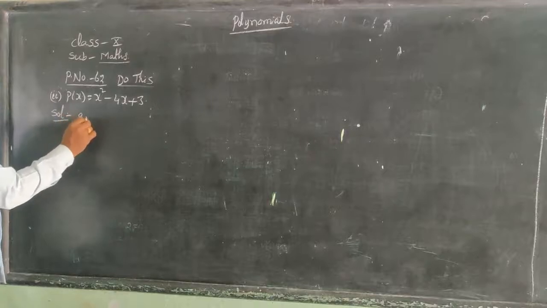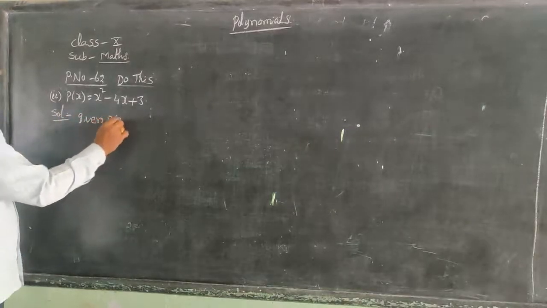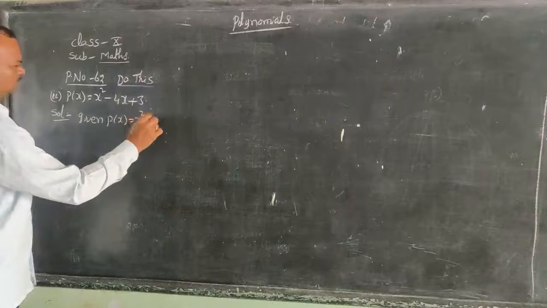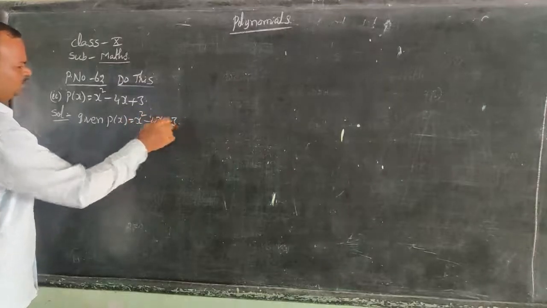Given p of x is equal to x square minus 4x plus 3.